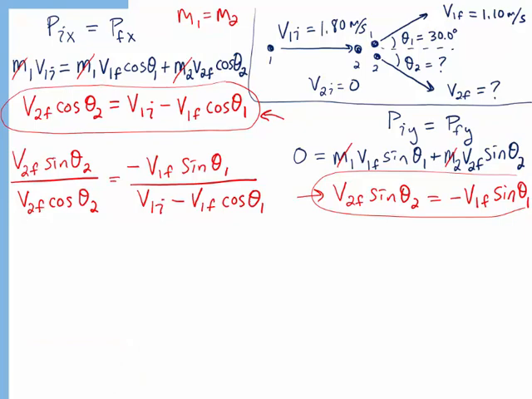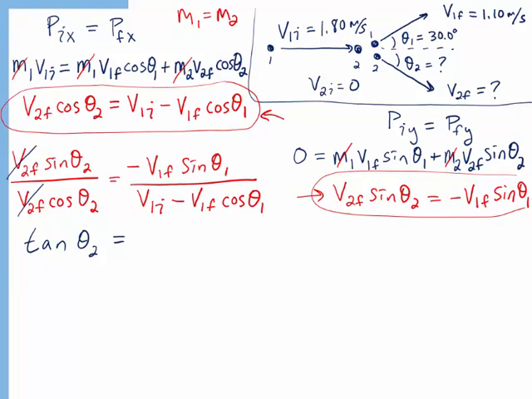On the left, the v2 finals cancel out. And what's sine divided by cosine? It's tangent. So in other words, I get the tangent of theta 2 is equal to all this stuff. And you can just go ahead and plug in to figure out what that value is. I'm just going to shortcut it here. You should try this on your own. Make sure that you can get it yourself.